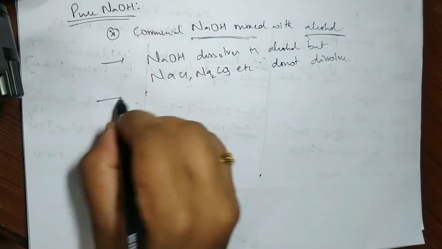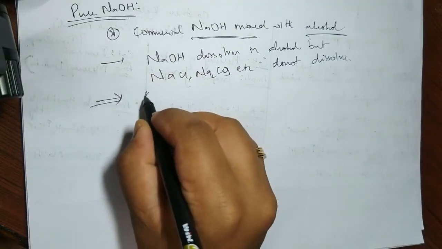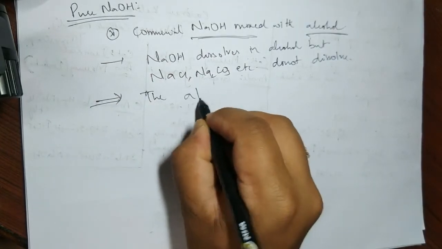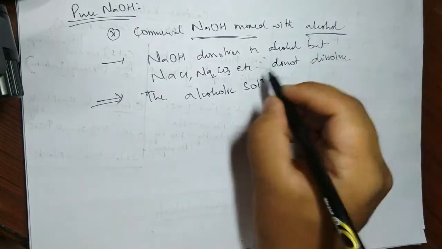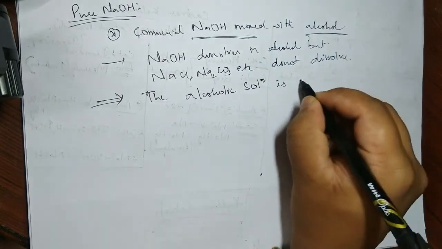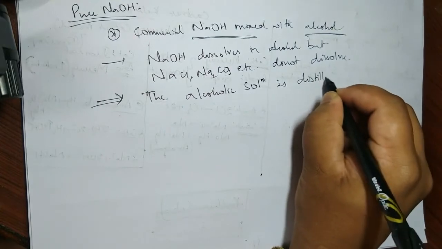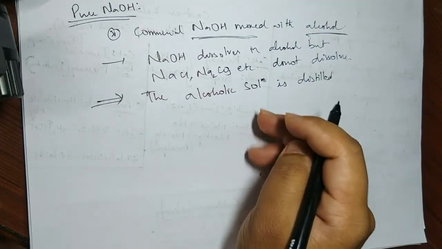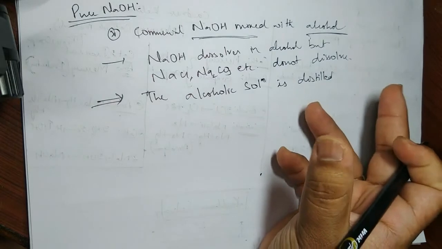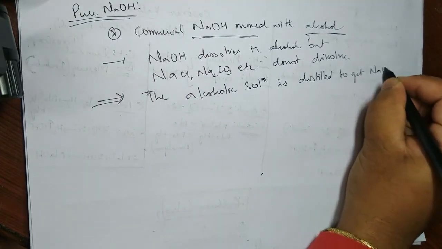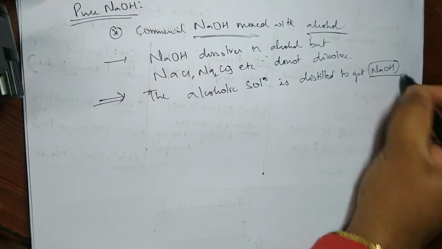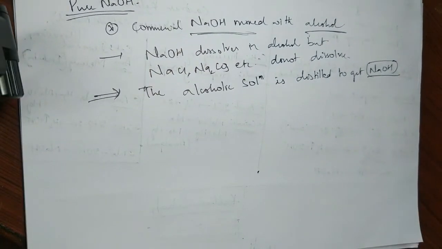So the alcoholic solution obtained from the above mixture is distilled. Alcohol can be easily distilled, and we get the pure NaOH, the solid NaOH. So this is how you get the pure NaOH.